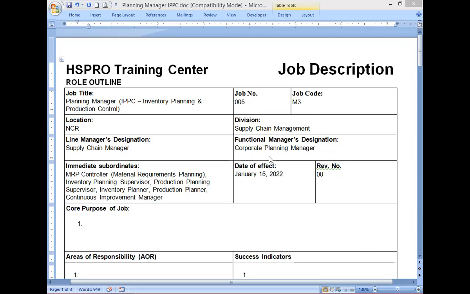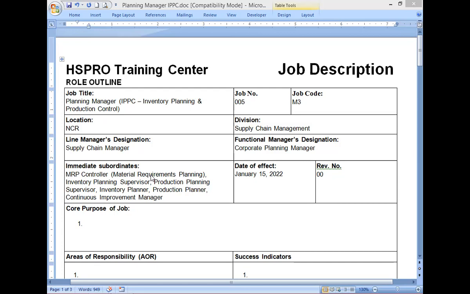Same rank. And the immediate subordinates are MRP controller, material requirements planning. This is very universal terminology, and this is always related to a position which does planning for the material requirements, which is under the inventory control.